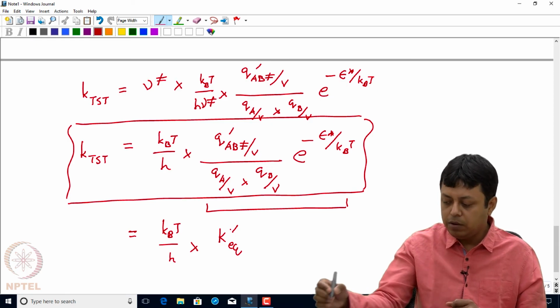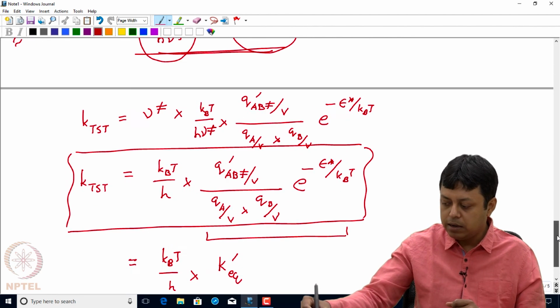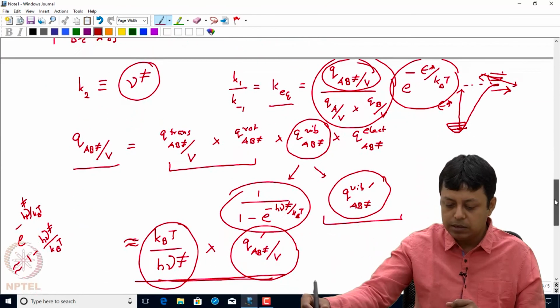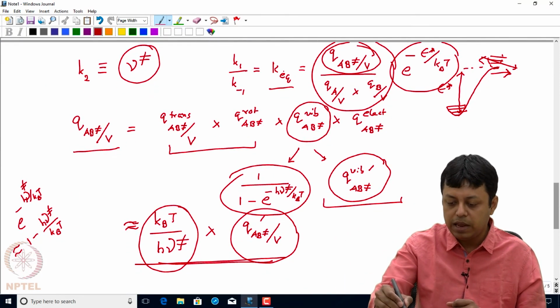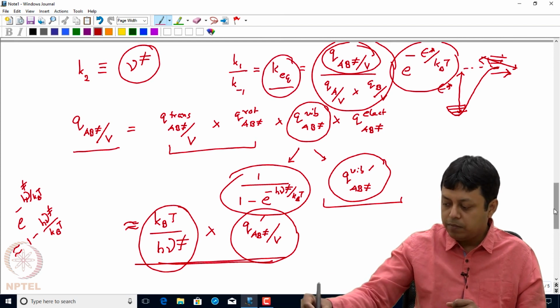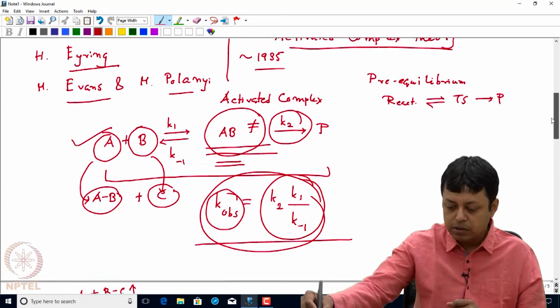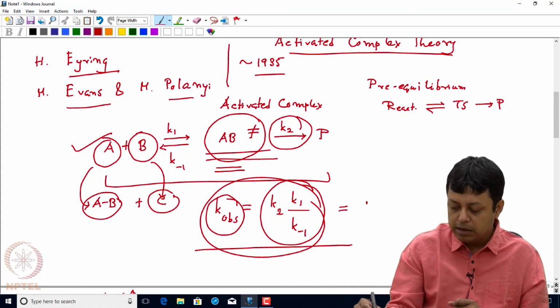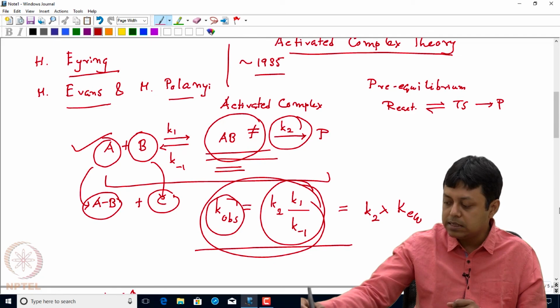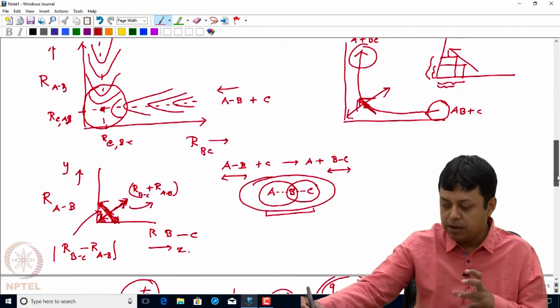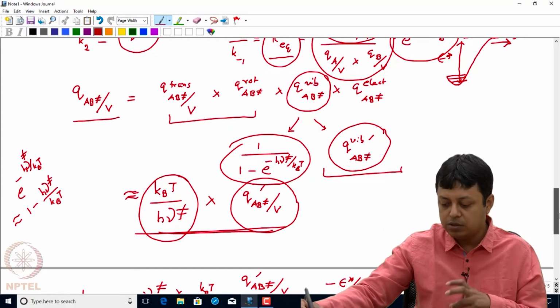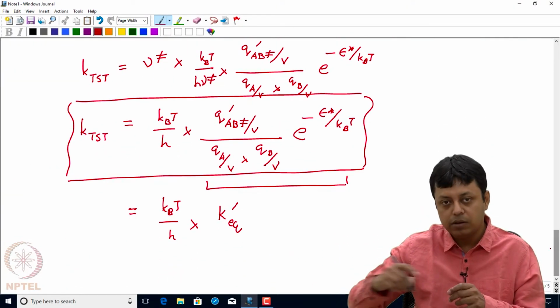Okay. So you can look at the similarities between this equation and the earlier one. Initially I had k2 into K equilibrium, where the equilibrium is between the reactants and the transition state, and now I have cleverly taken out one degree of freedom, which is along the reaction coordinate.